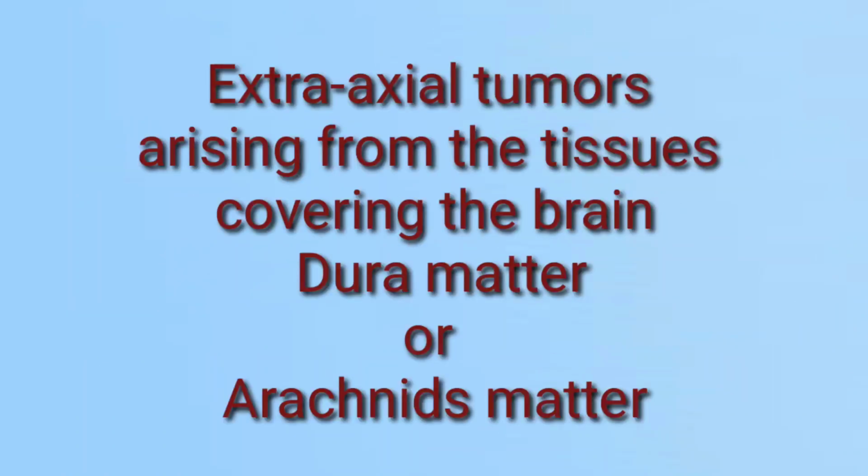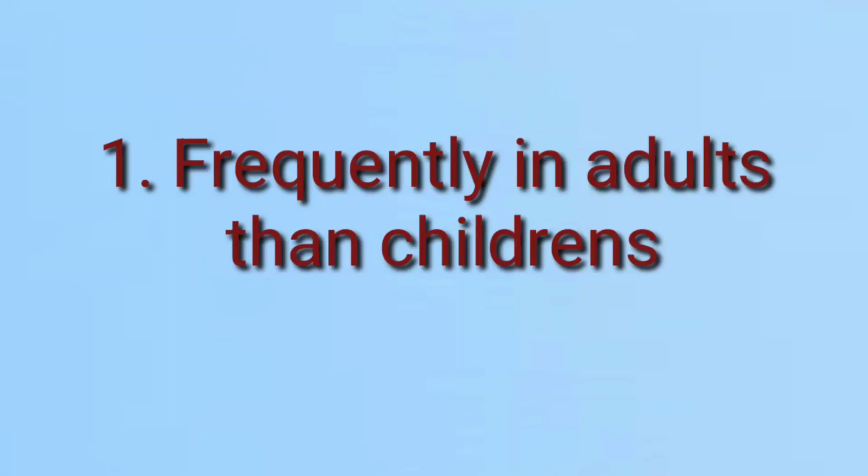As far as the extraaxial tumors are concerned, these are tumors arising from the tissues that cover the brain, and that includes the dura mater or arachnoid mater. These tumors are called extraaxial tumors.